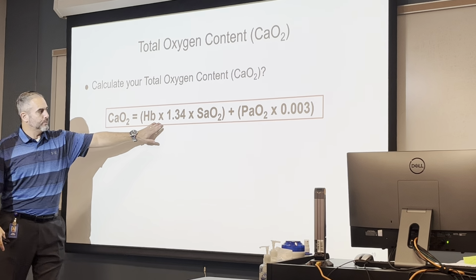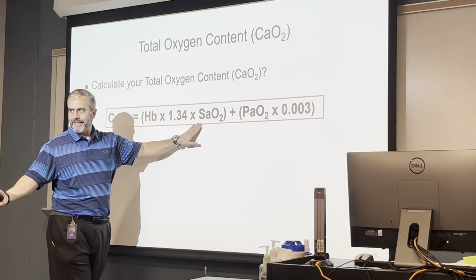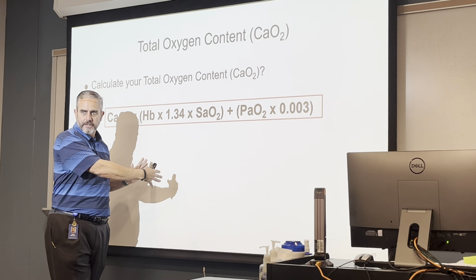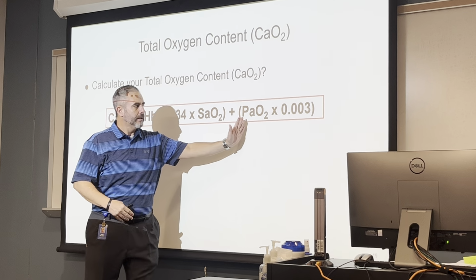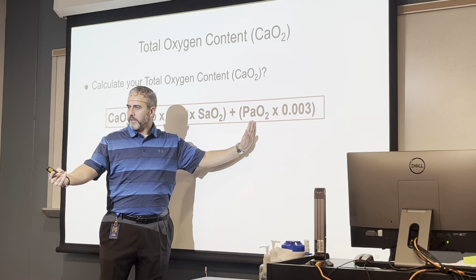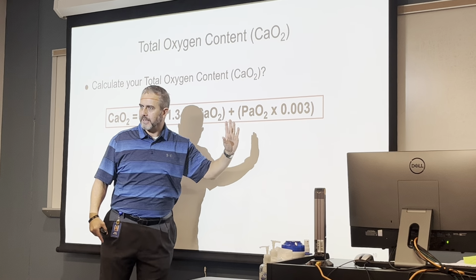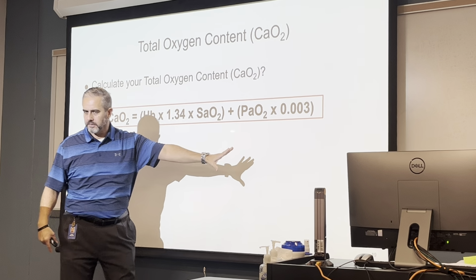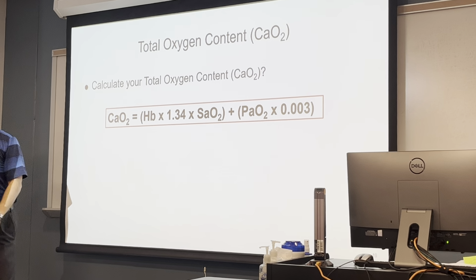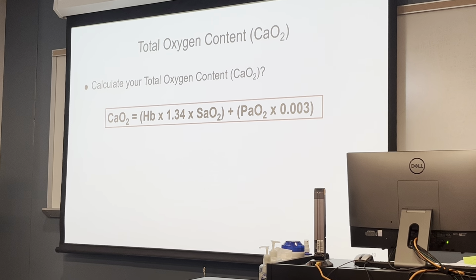So 15 times 1.34 times 0.98, that's the left side of the equation. P little aO2, we said we were going to use 90 times 0.003, that's the right side of the equation. And then what do you do for both sides?